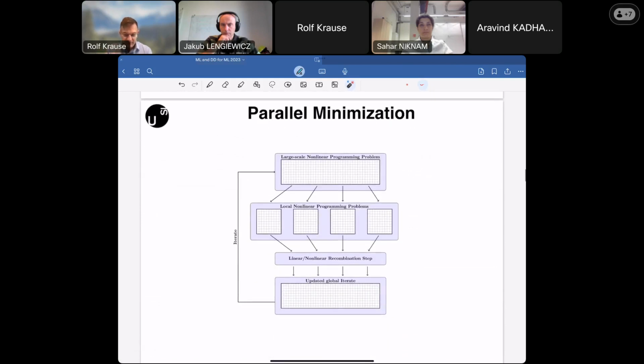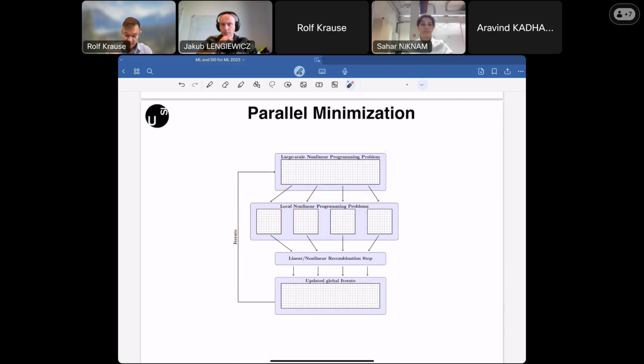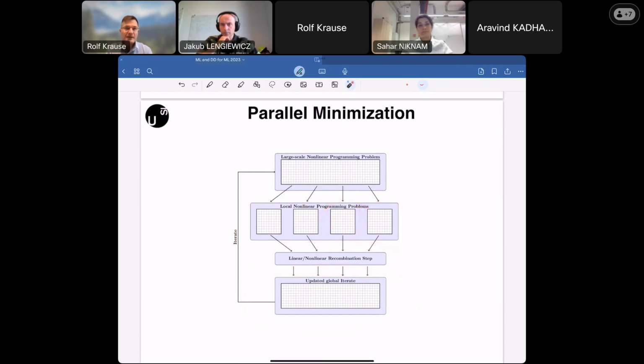The second possibility is that we can go for parallel minimization. And what does it mean? We take our large scale problem, we divide it into usually nonlinear sub-problems. Then we solve these in parallel, we recombine everything, and we get our updated new network. So those are the two possibilities we have.